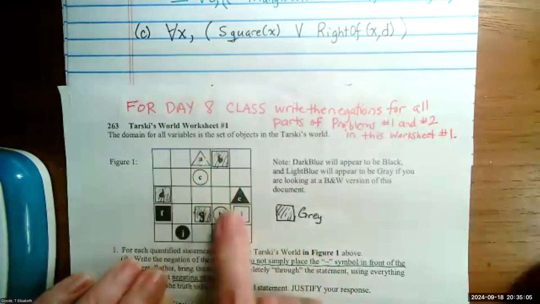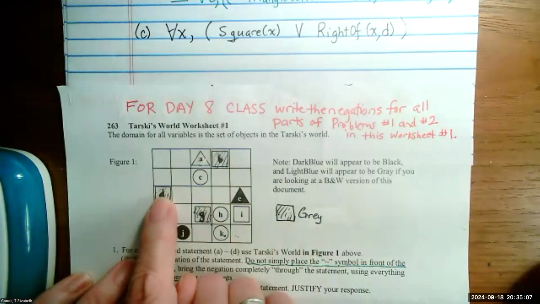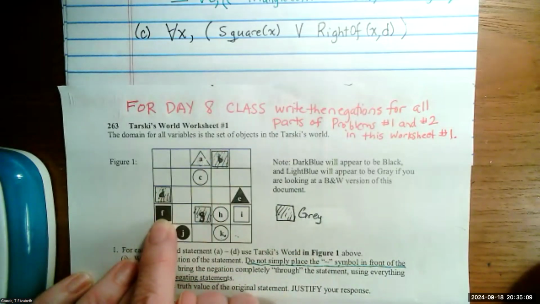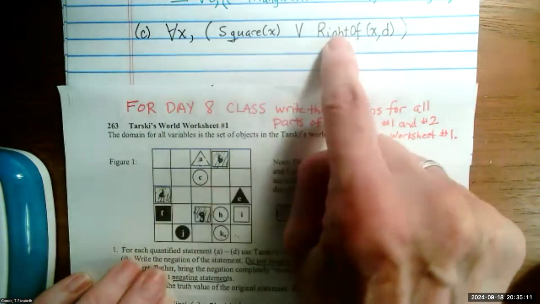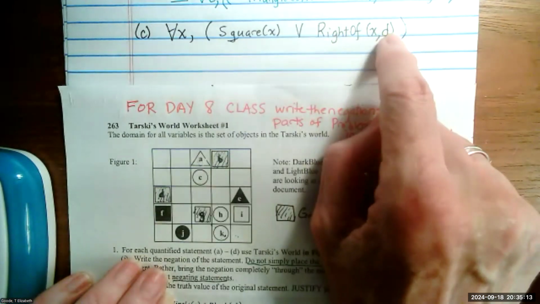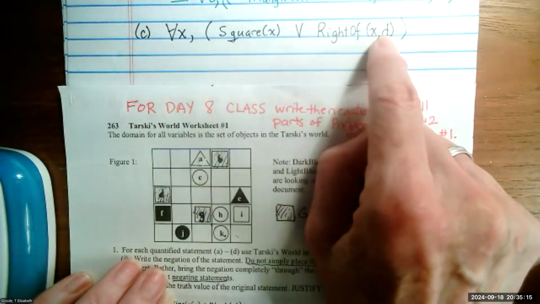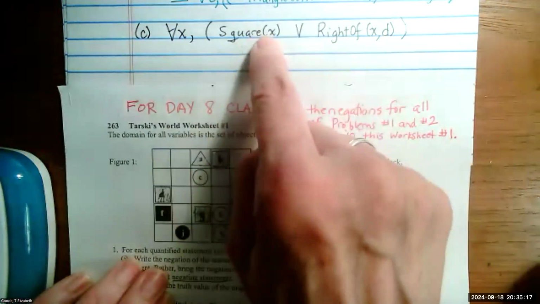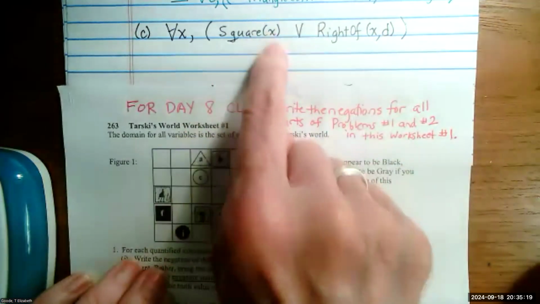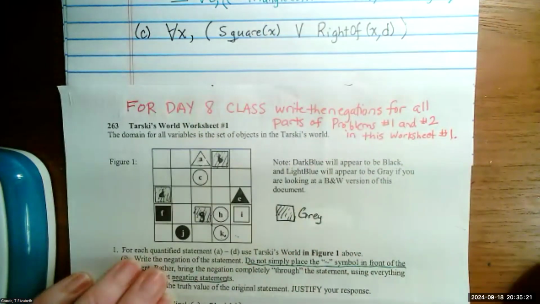So for these X's, it works. But it also is true for X equals D and X equals F, not because right of DD is true and not because right of FD is true, but because square D is true and square F is true. So anyway, that's sort of a sneak preview. Let's write the negation.